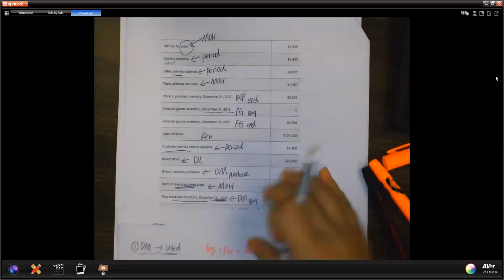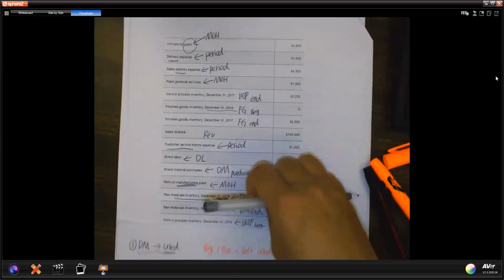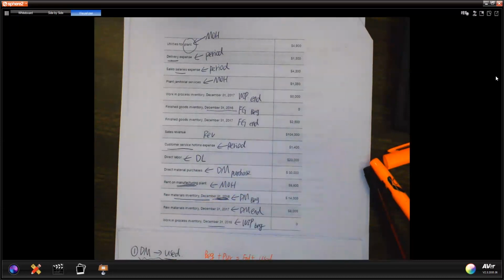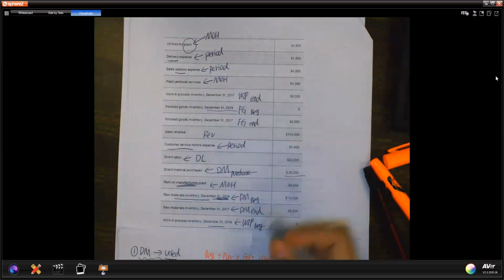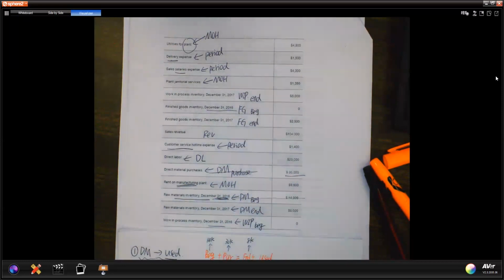So we go through all the numbers, get the information, and plug it in. We only look at direct material. Direct material purchased is 30,000, so we put 30,000 there. Direct material beginning is 14,000. Direct material ending is 8,000. So how much is used? I need to calculate first.